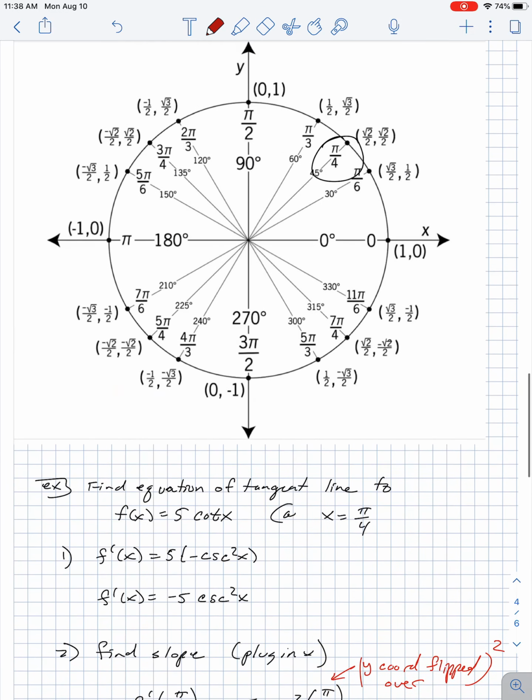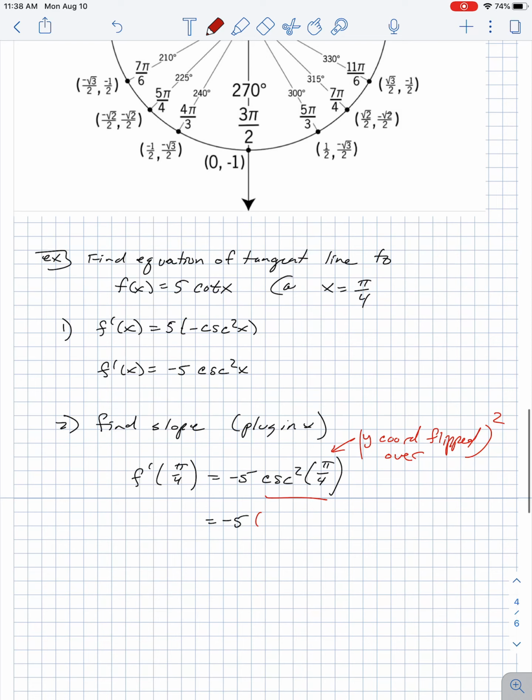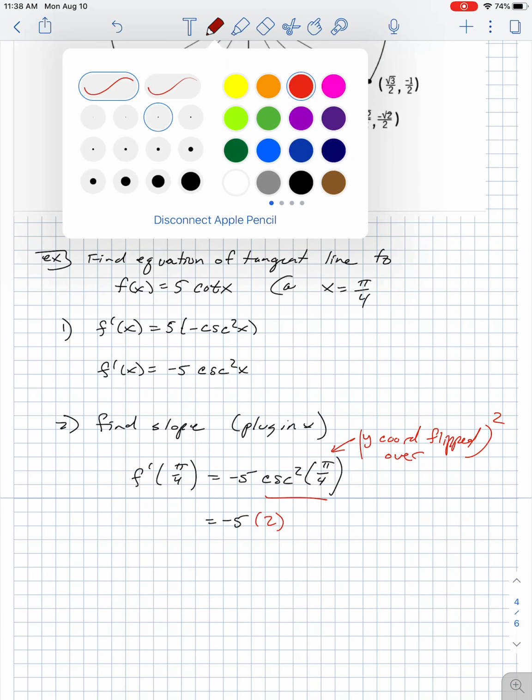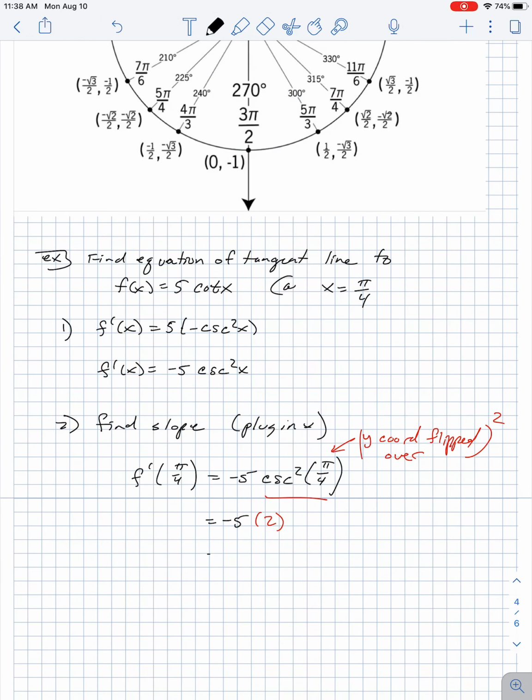So I'm going to go up to pi over 4. That's right here. The sine is the y coordinate right here, and I'm going to flip it over: 2 over root 2. And then I'm going to square it. The square applies to the top and the bottom, so this ends up being 4 over 2, better known as 2. So that is the value that I'm putting in right there, and my answer is negative 10. So that's my slope.